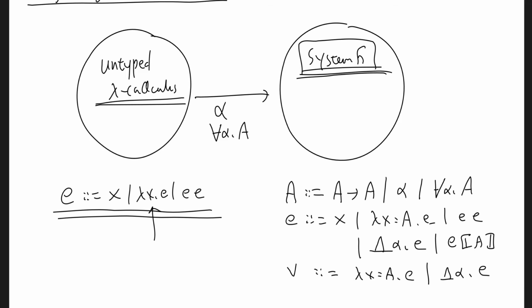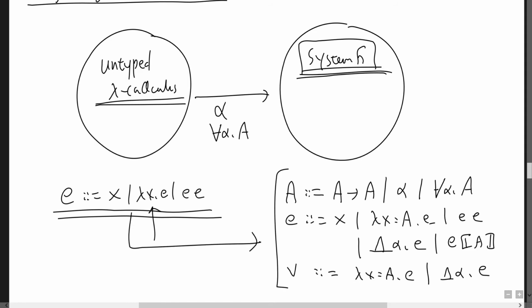So it turns out that this language, System F, is a direct extension of untyped lambda calculus.